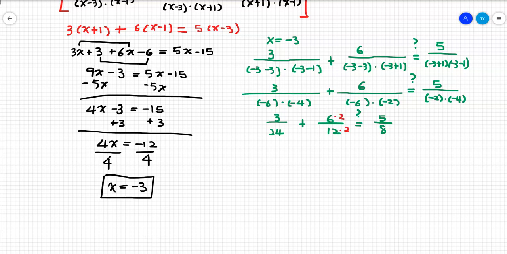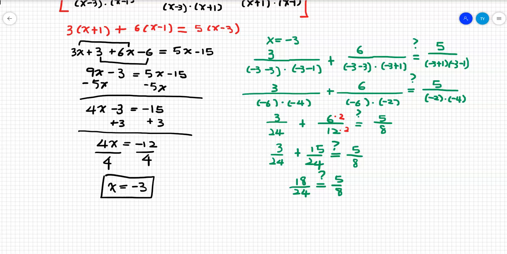That will give us the 3 over 24 plus the 15 over 24. Is this equal to 5 over 8? If I combine these two, I have 18 over 24. Is this 5 over 8? So if I divide top and bottom by 6, like this.